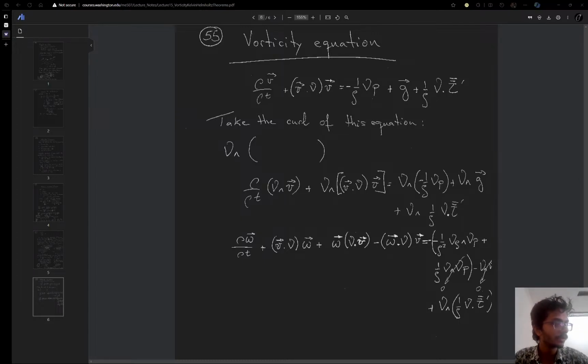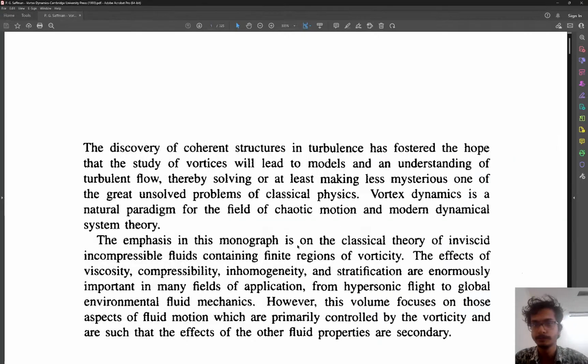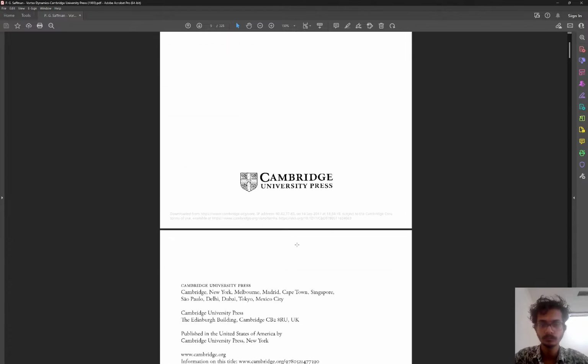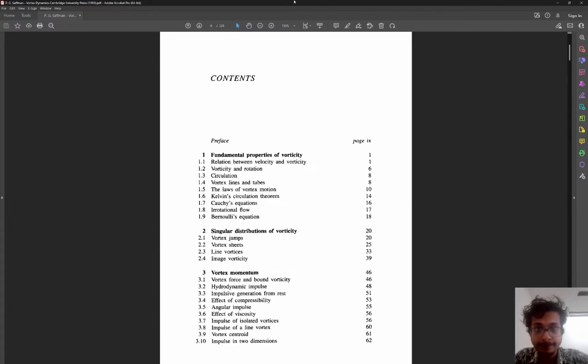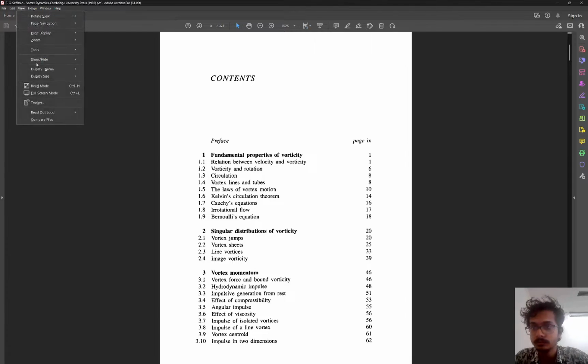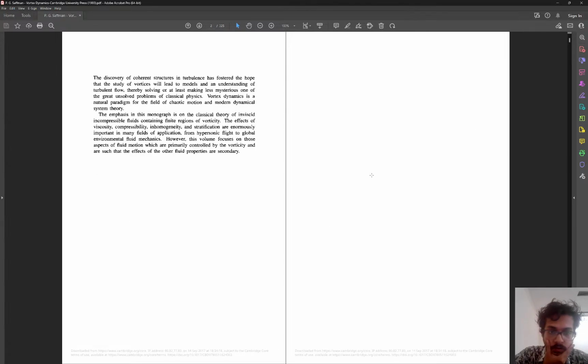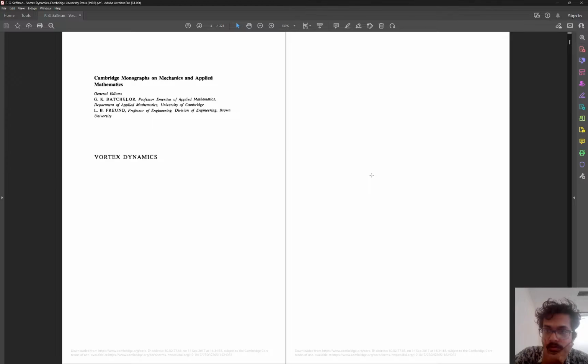Why am I not starting with that? Let's find it. This book is supposed to be a Cambridge monograph on mechanics and applied mathematics, so I'm assuming I can trust it on its rigor.